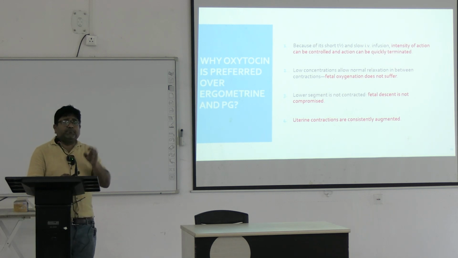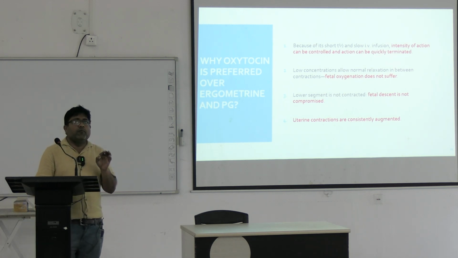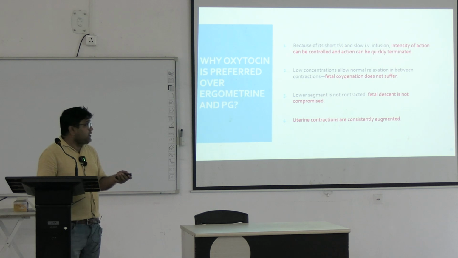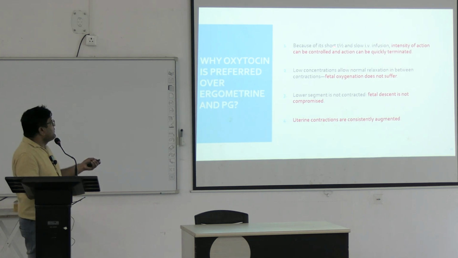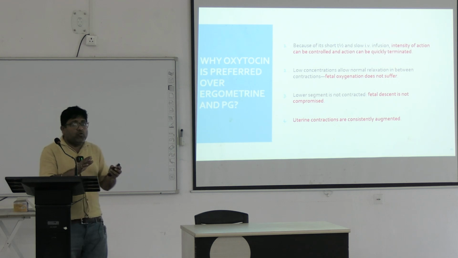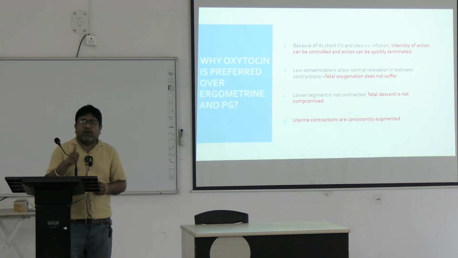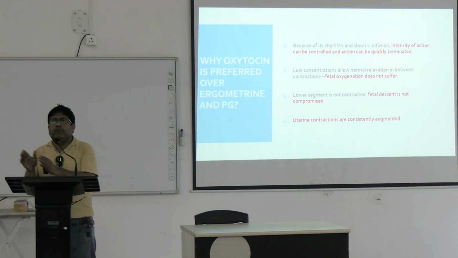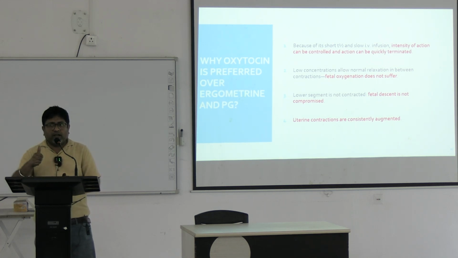Why is oxytocin preferred over ergometrine in induction of labor? Why is oxytocin preferred over ergometrine and prostaglandin? These questions may come. Number 1, short half-life, and it is used as slow IV infusion. So what is the advantage? The uterine contractions can be closely monitored as it has a short half-life.